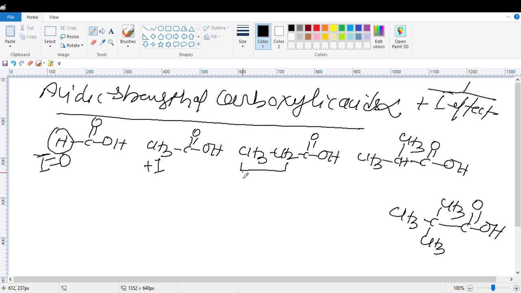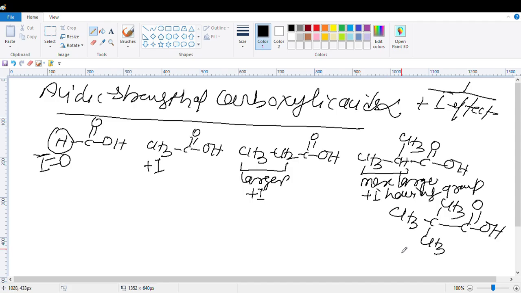It is a larger plus I having group. It is an even larger plus I having group. And in this last compound, highest plus I effect of alkyl group.